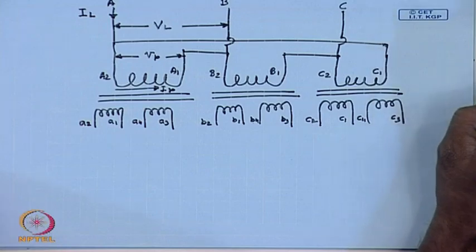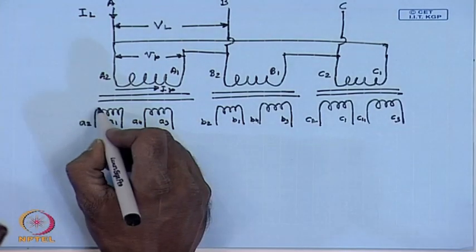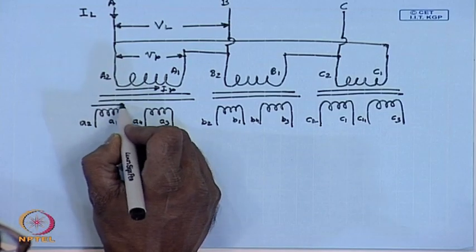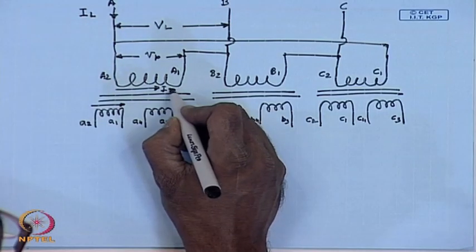Similarly, the low voltage side phase current is I small p.